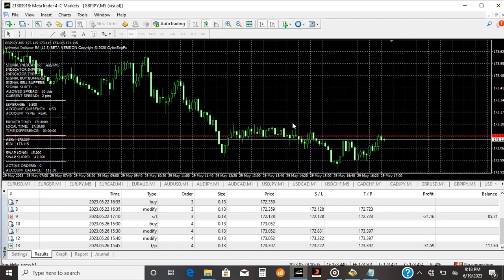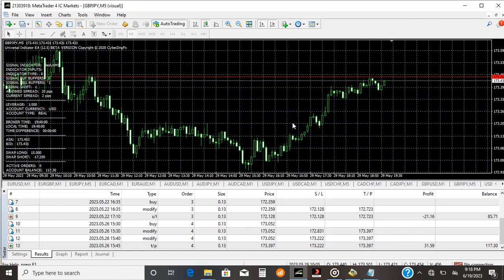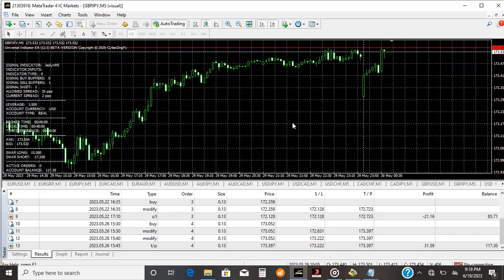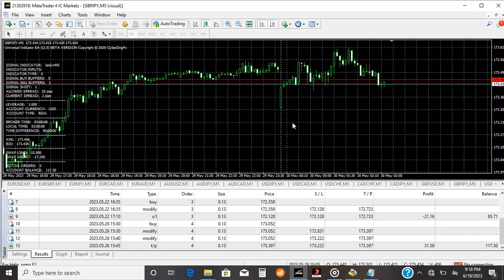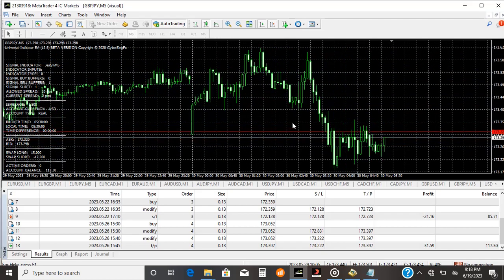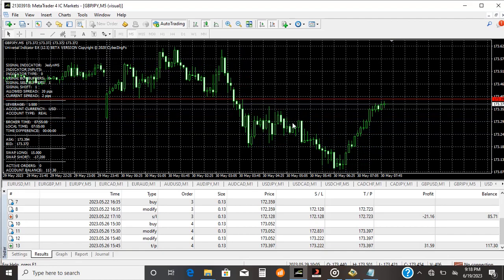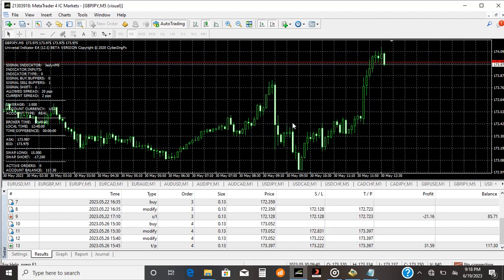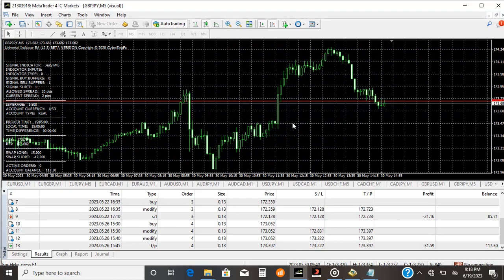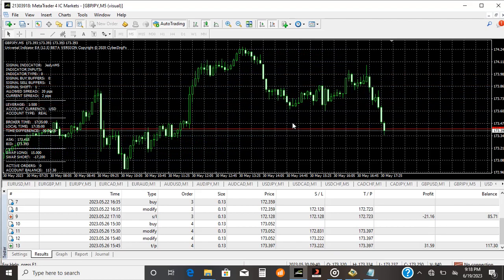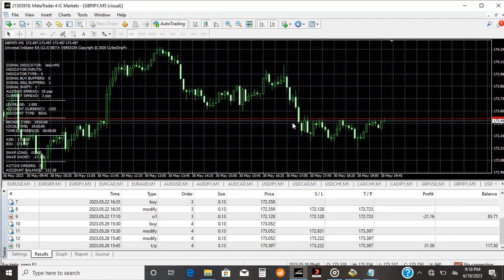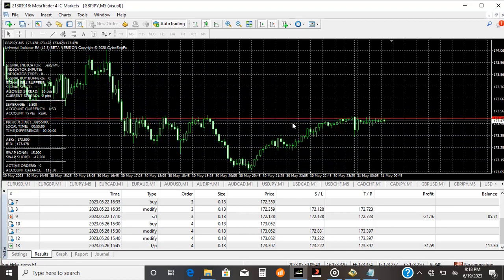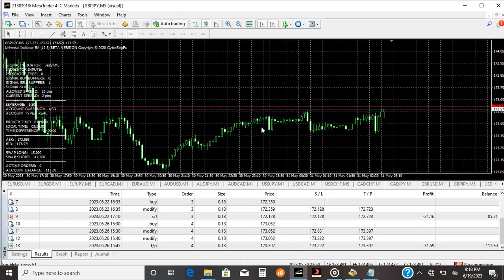You might take a trade now with 0.05 lots, and in the next 3 hours the ATR of that particular currency has changed. When you use the same lot size to take a trade and it goes a little bit against you, it's already hitting your stop loss because the average true range has increased.